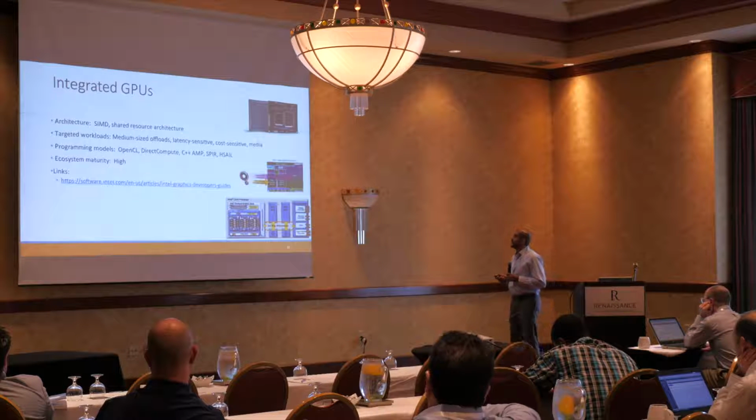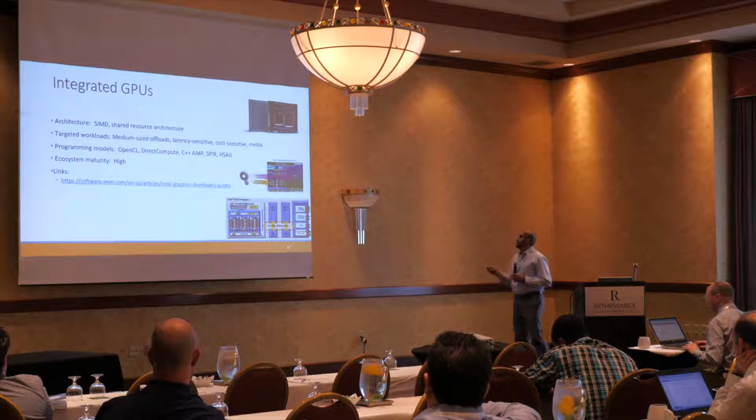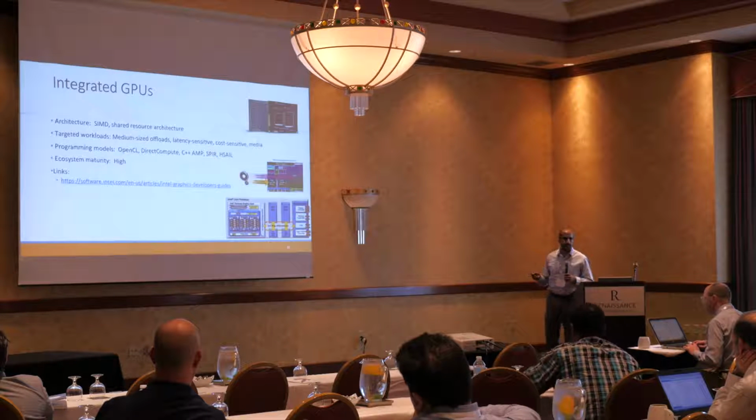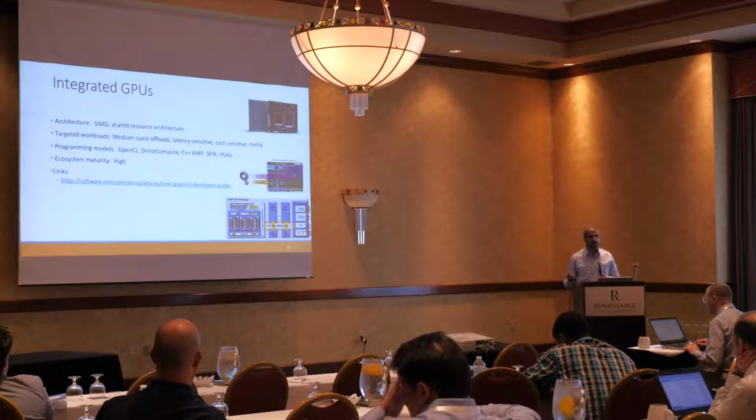And the programming models, these are the main ones, I believe: OpenCL, DirectCompute, C++ AMP, SPIR, HSA. Has anyone heard of any of these? Kind of? Okay. OpenCL is probably the most common one. If you're a developer looking at SIMD kind of architectures, you should read up on SPIR. SPIR is an IR, an intermediate representation, that is compiled from a wide variety of other languages.